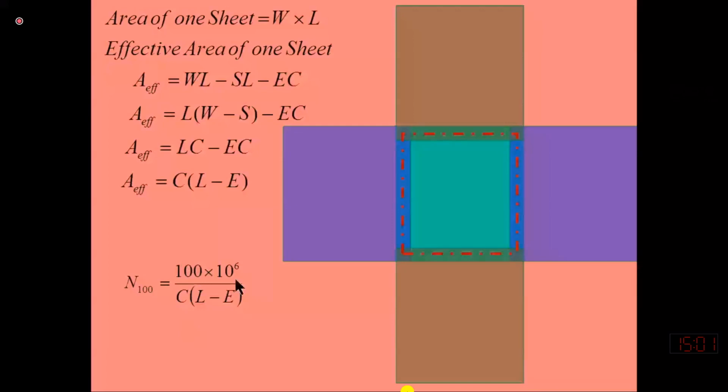So 1 meter is equal to 1000 millimeters, and 1 meter square is equal to 10 to the power 3 squared, which is 10 to the power 6 millimeter square. If the area that we want to cover is 100 meters square and we divide it by the area covered by one sheet, then we will have the total number of sheets. N is the total number of sheets required to cover the area of 100 meters square.